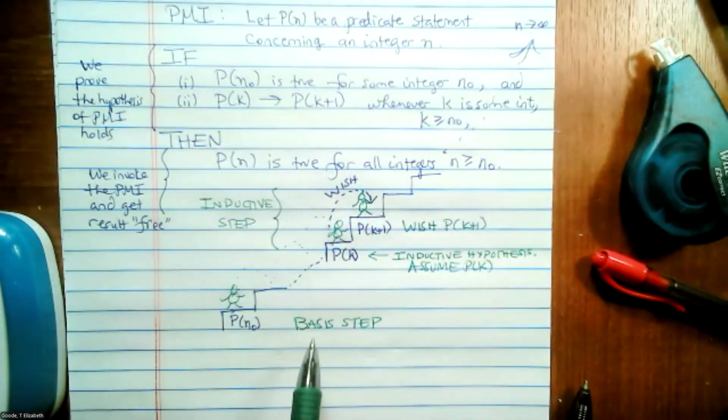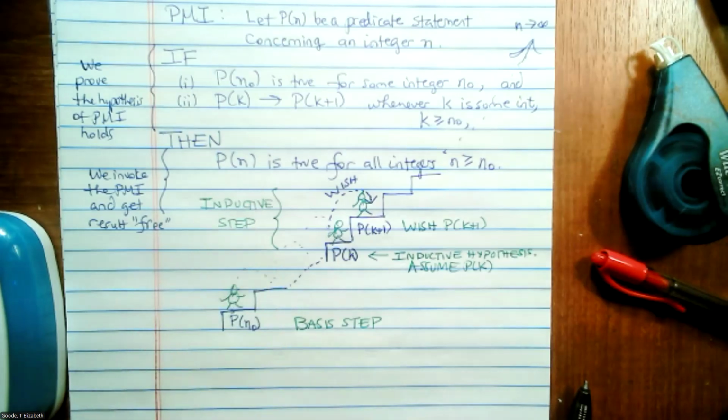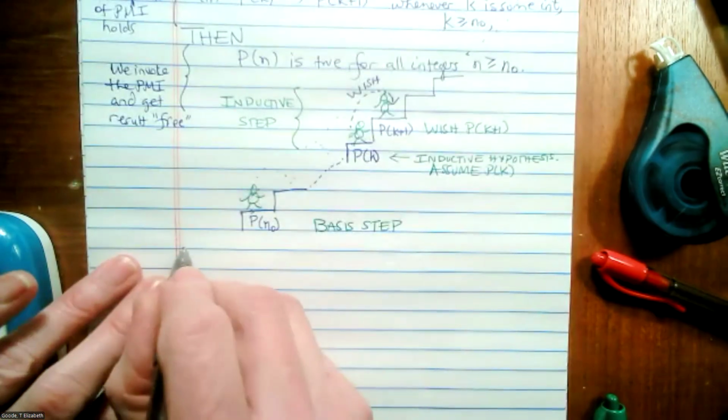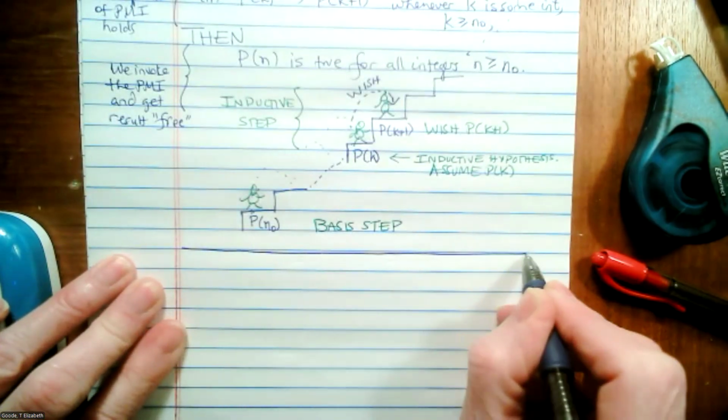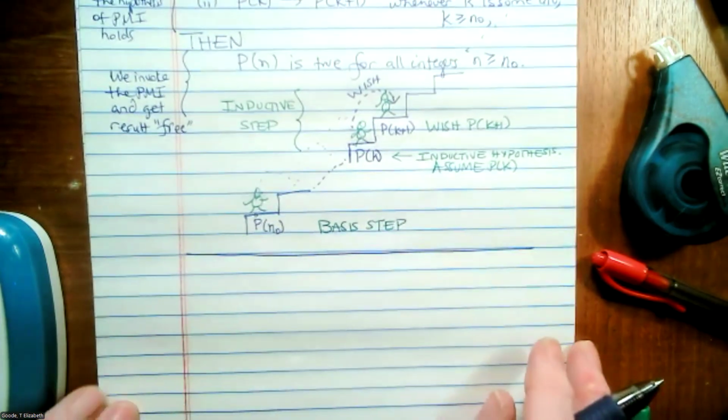So our work is to prove the basis step and prove the inductive step. There's always just a real kind of set way to do it, especially for the kinds of formulas that we like to prove.